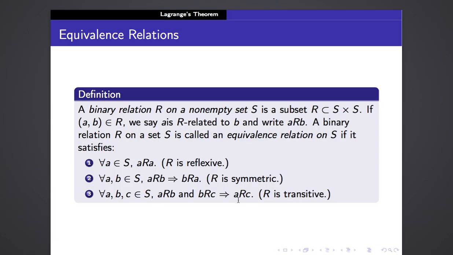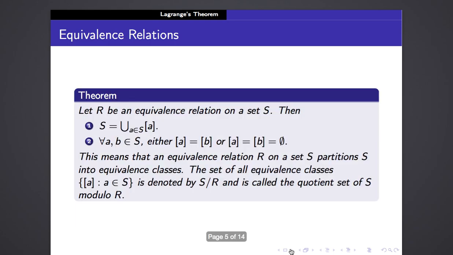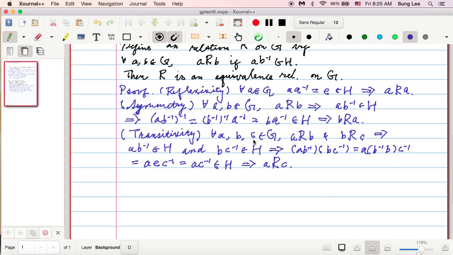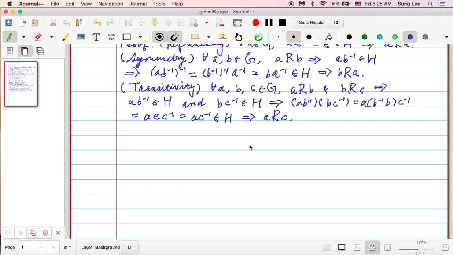When I was writing this definition of an equivalence relation, I forgot to mention one very important thing. So I'm going to do that. I think I need to fix my slides later on, but I'll explain here.